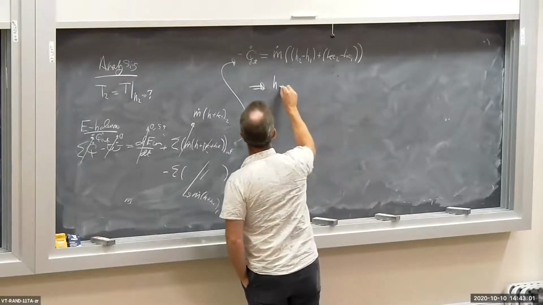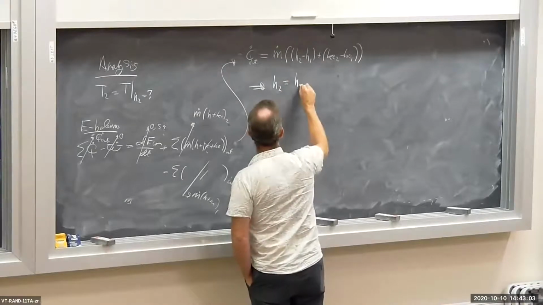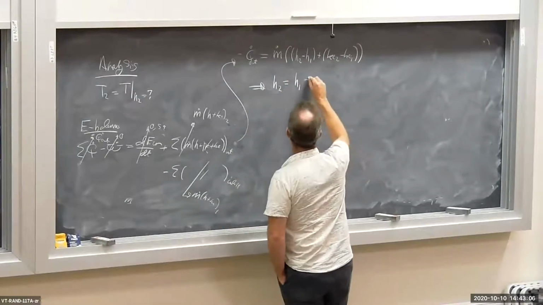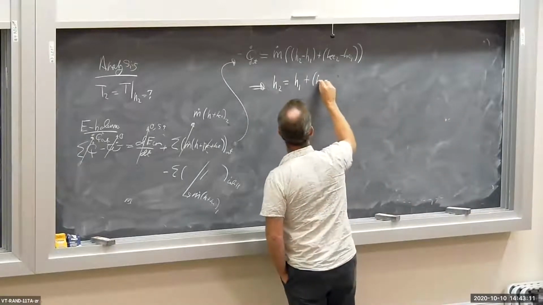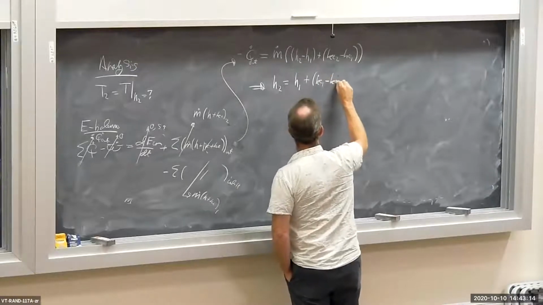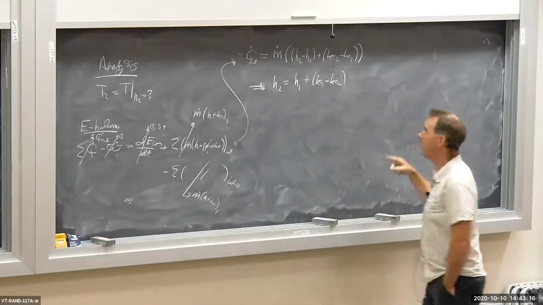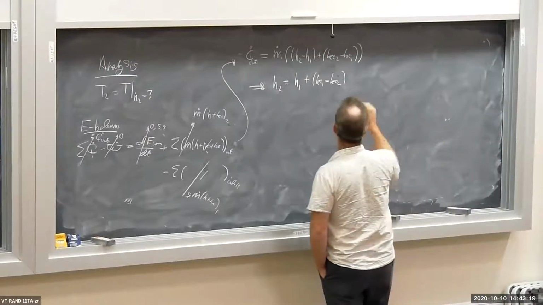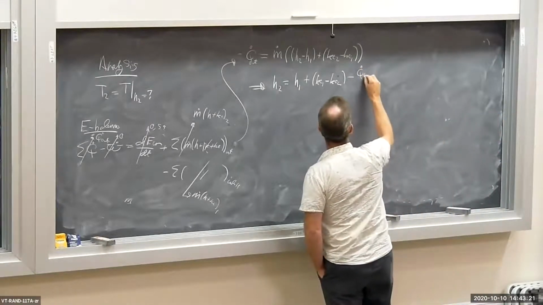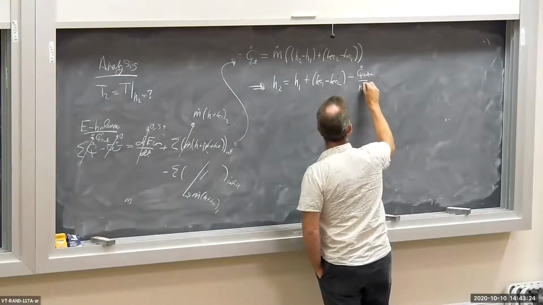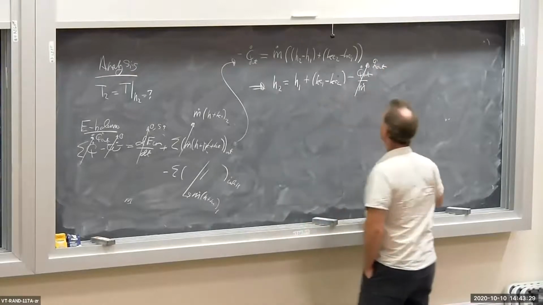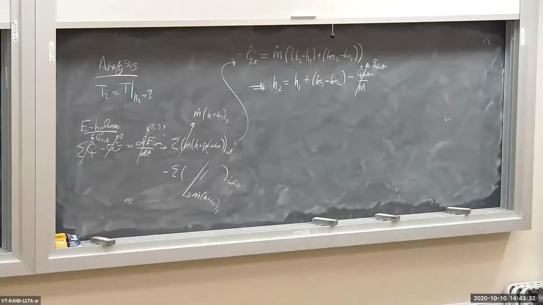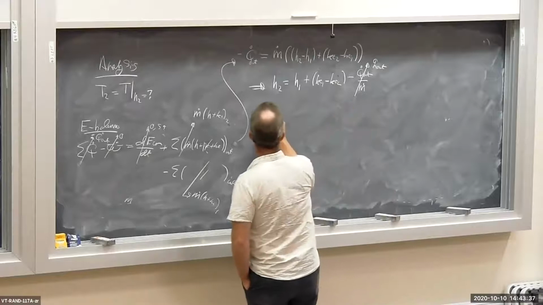So I'm going to have H2 equals H1 plus KE1 minus KE2, and then the negative Q dot out divided by m dot, which, by the way, is Q out. Q dot out over m dot is Q out.